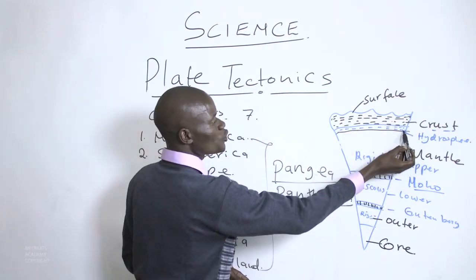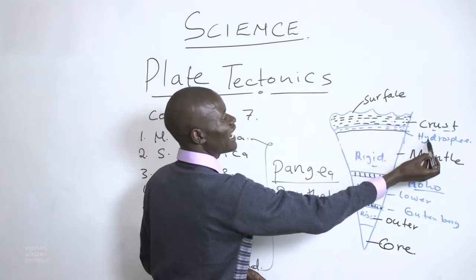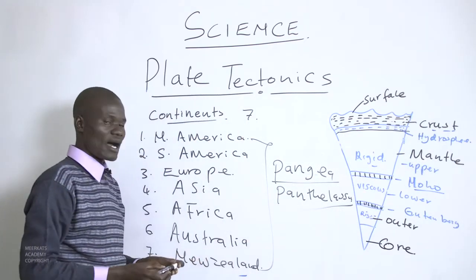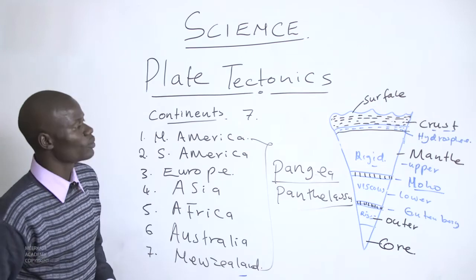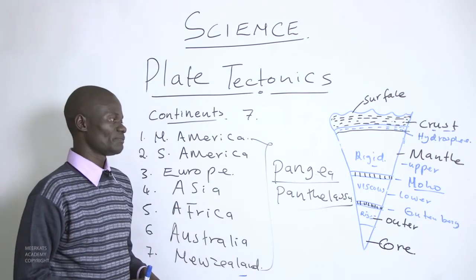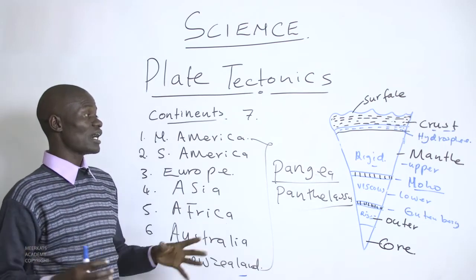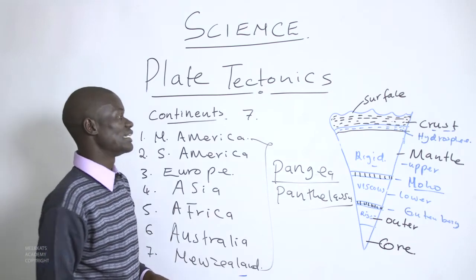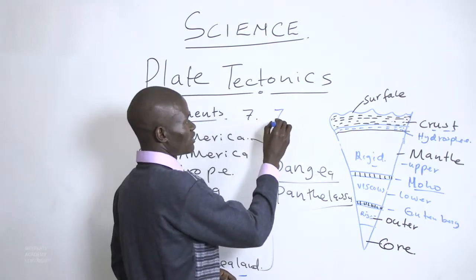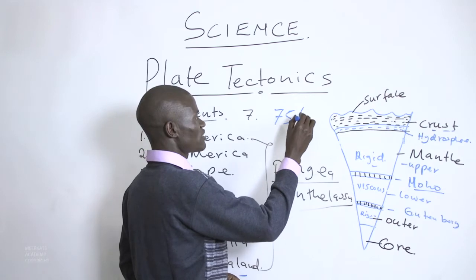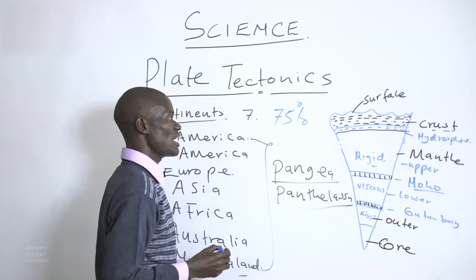Today we refer to the oceanic plate as a hydrosphere, a body that is full of water. And you can see how vast it is. In the world right now, it covers around 70% of the Earth's surface.